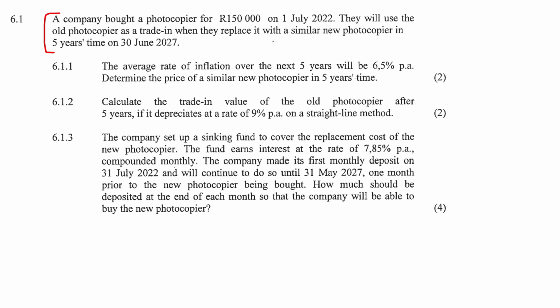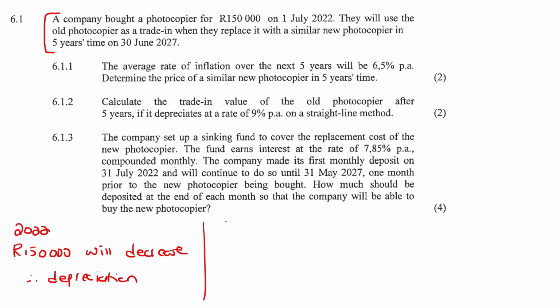Is it going to become more expensive or less expensive? It's going to become less. Why? Depreciation. Things become old. Okay? So in 2022, they bought a photocopy machine for 150,000. Let's just say it will decrease due to depreciation.